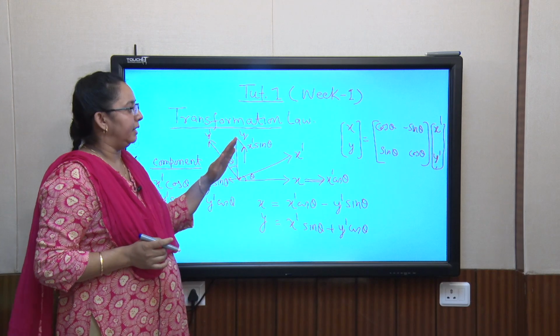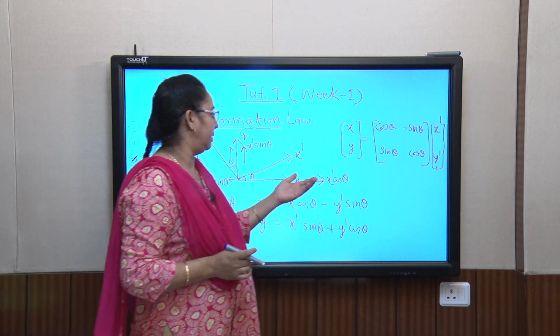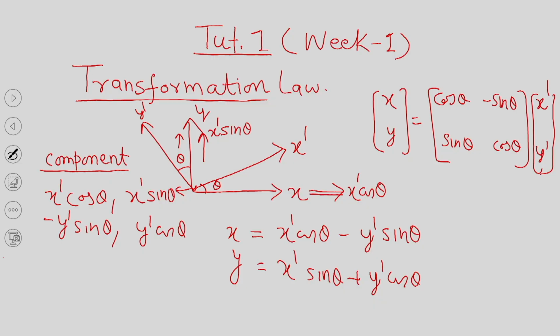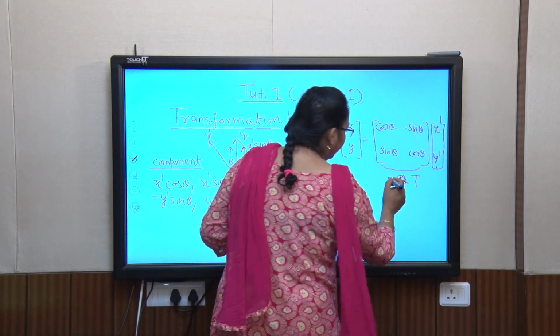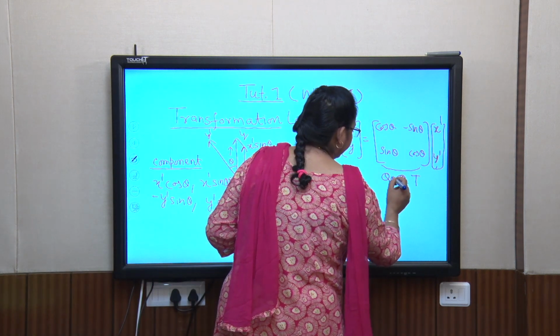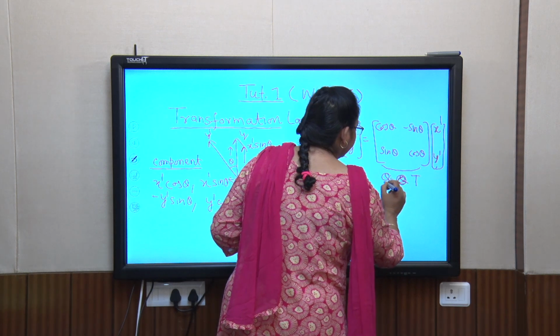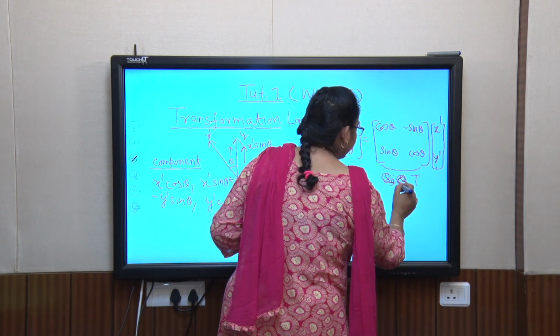This is the mathematics of how you transform, and our aim is to find out in terms of x dash and y dash. Let us say this is your matrix Q, or in general terms we say matrix T, the transformation matrix. But generally in theory of elasticity or engineering mechanics, we define it by a Qij transformation matrix. So, here we will say Qij, which is a 2 by 2 matrix.